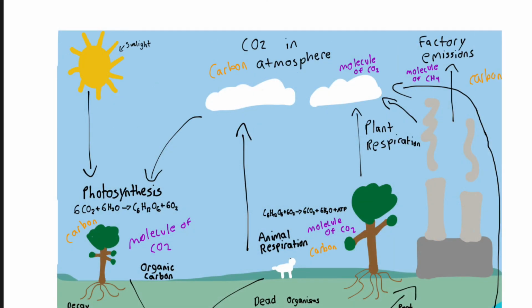Going back to what I earlier said about fossil fuels, they're used up in these factories, and through factory emissions, carbon is released, and CO2 is released into the atmosphere.